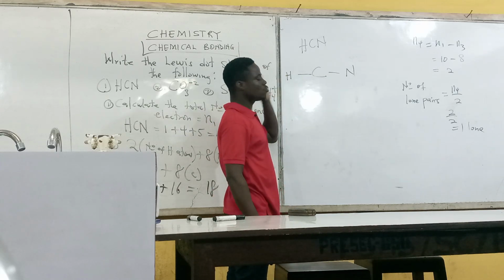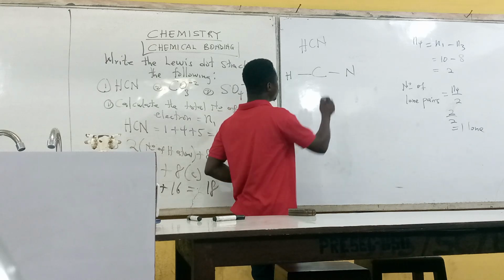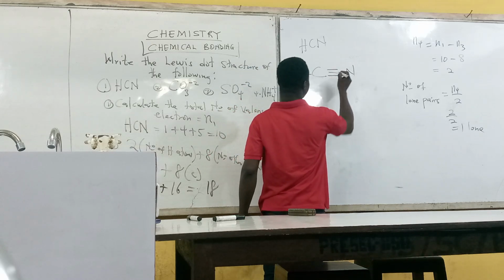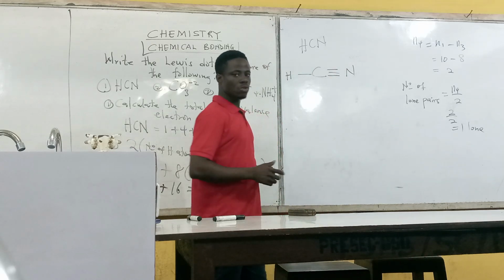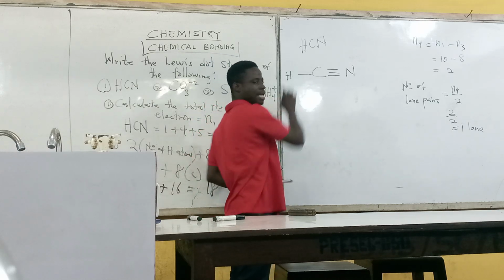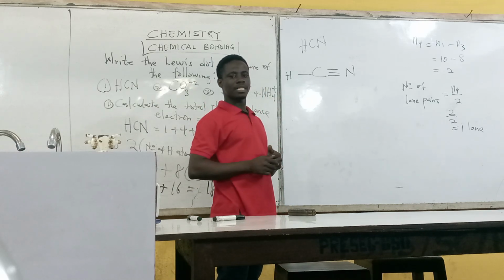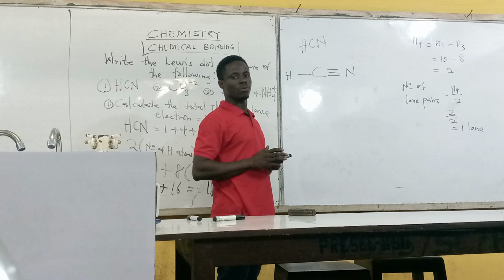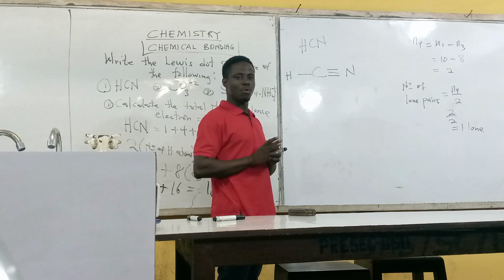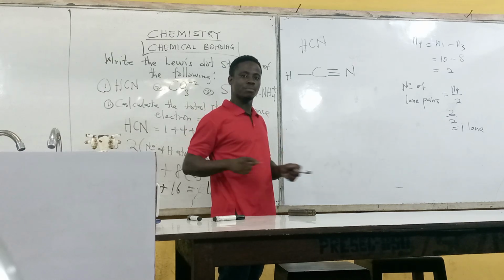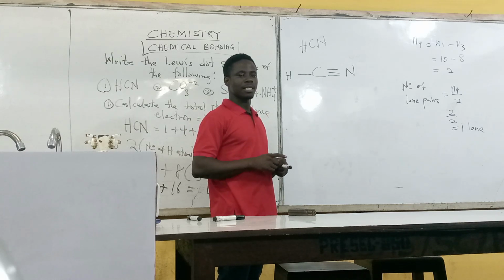So it means that the 2 extra bonds will be deposited here. Take note of that. You cannot bring the 2 other bonds here. It will violate the stability rule according to the Lewis dot structure. You should have a fully stable central atom, and that central atom should have 4 covalent bonds or 4 bonds around it.